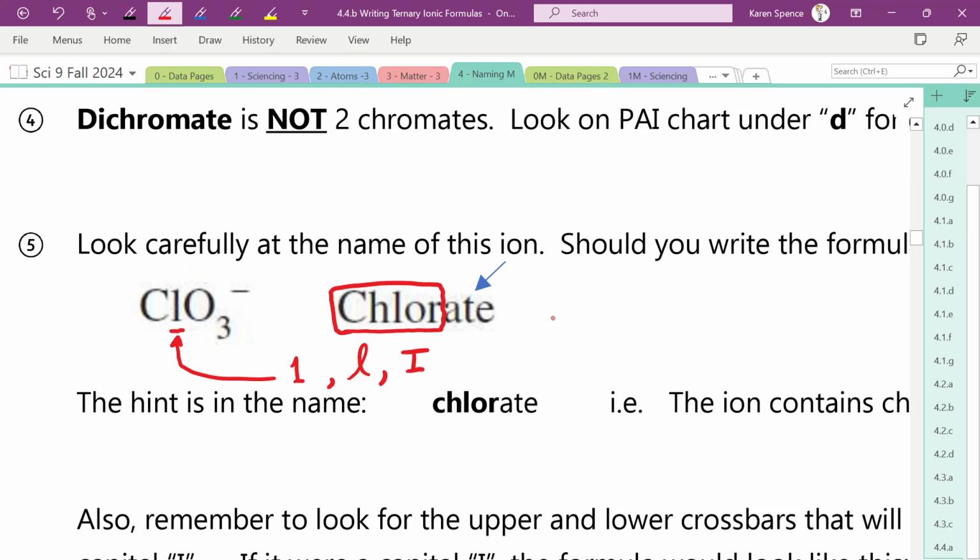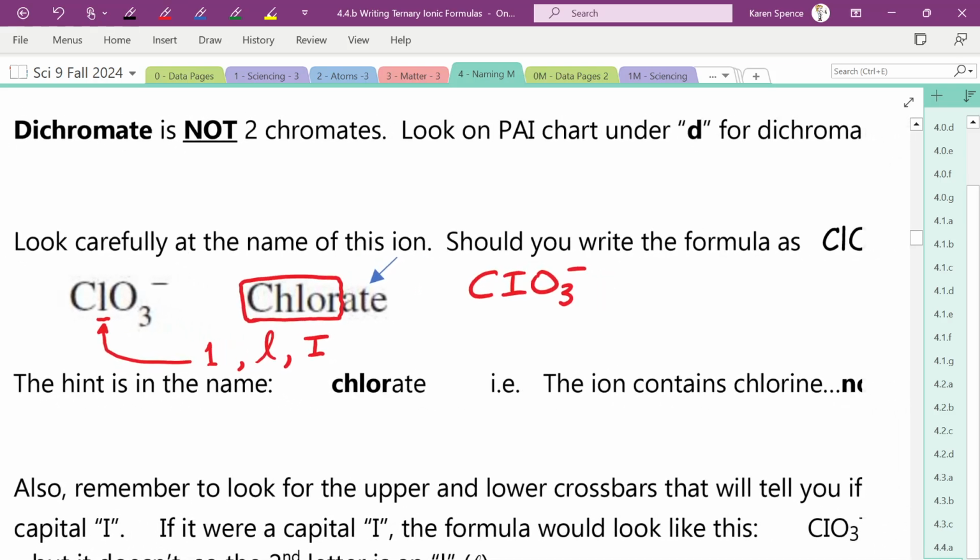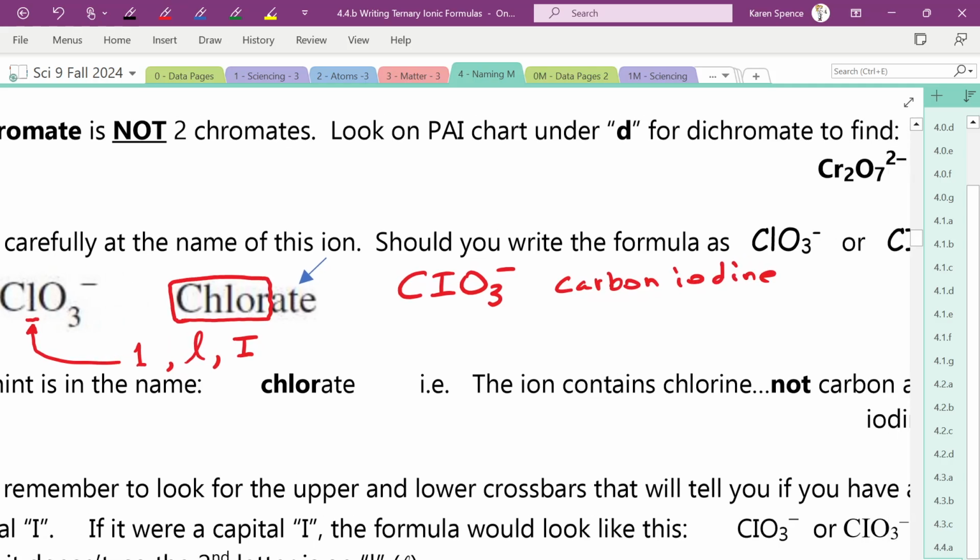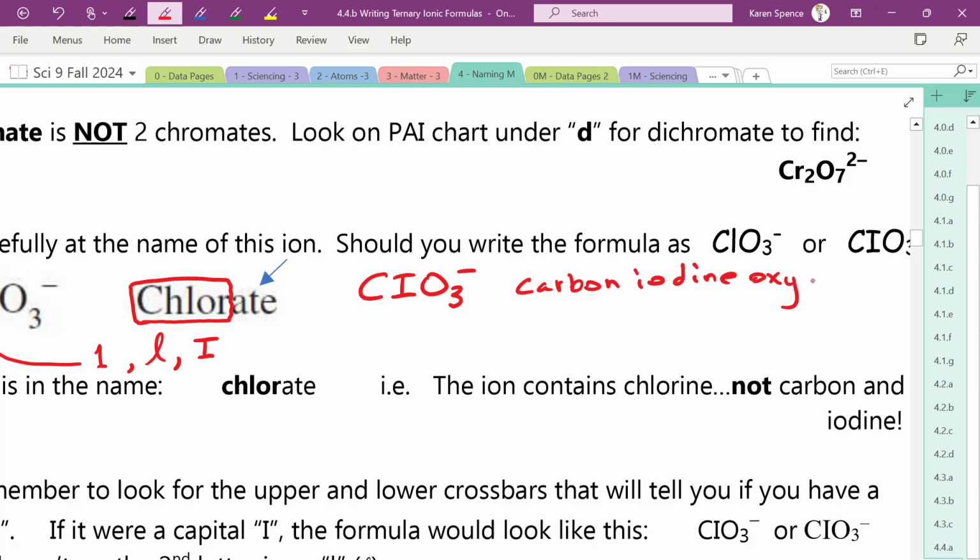Now I want you to think about this. If it is CiO3, what elements is it made of? Carbon, iodine, oxygen. If it is ClO3, what's it made of? Chlorine and oxygen.